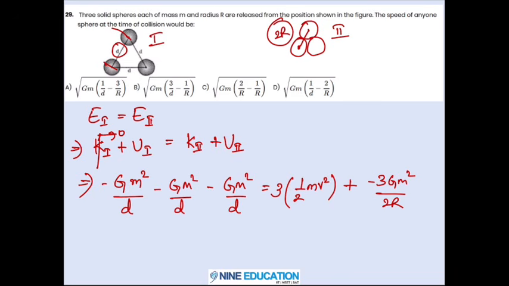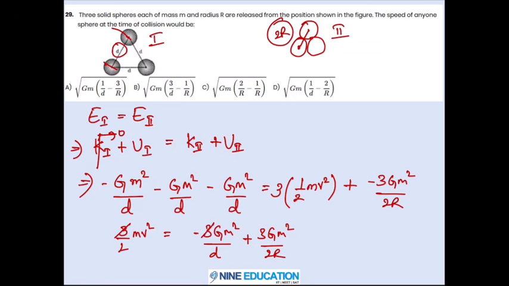So solving this further, you would get 3 by 2 mv square is equal to minus 3 Gm square by d plus 3 Gm square by 2r.